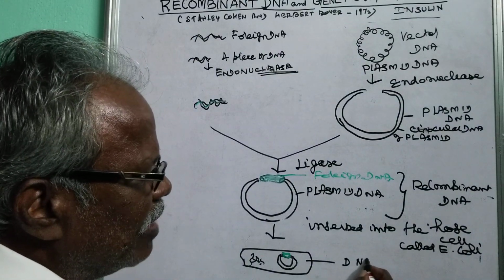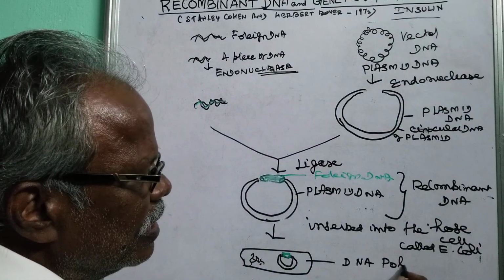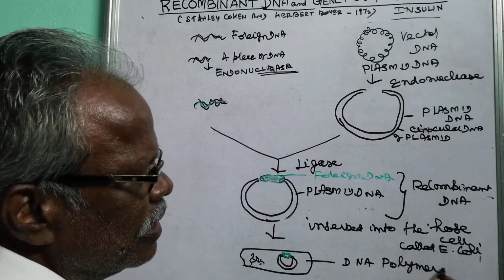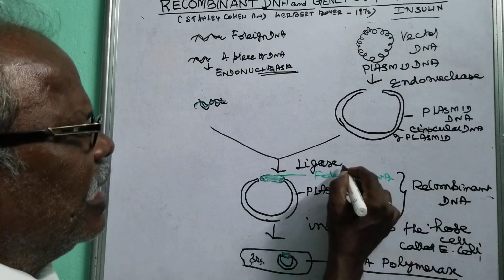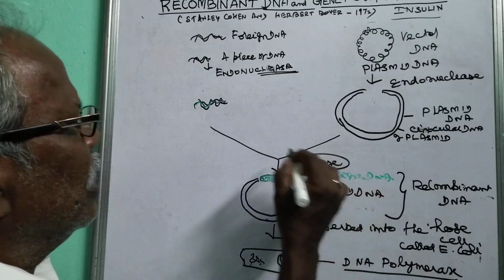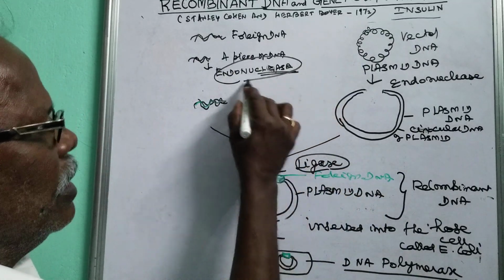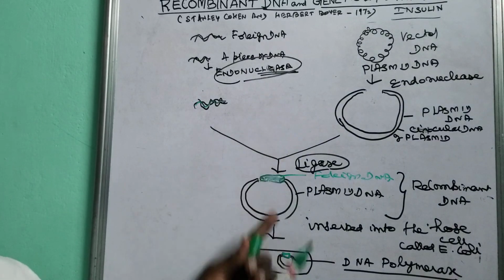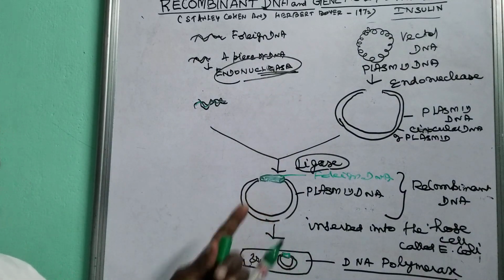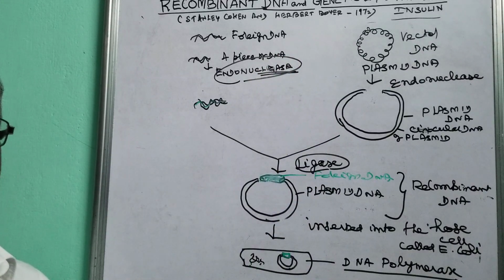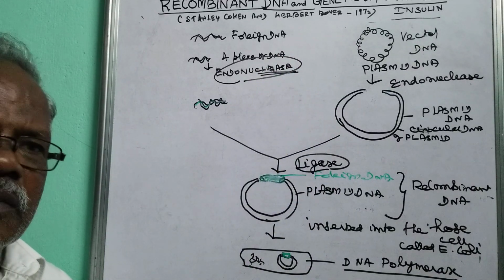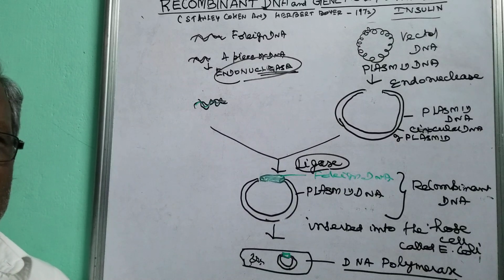DNA polymerase, an enzyme, is available. And ligase is an enzyme, and endonuclease. So three enzymes are used in this recombinant DNA and genetic engineering. Genetic engineering means we are going to obtain the genetically modified product.